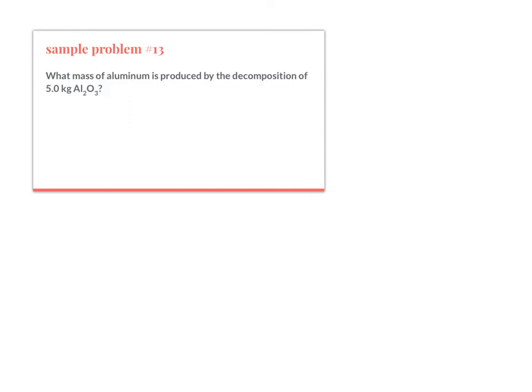It says, what mass of aluminum is produced from the decomposition of 5 kilograms of aluminum oxide? Okay, so we have to write the equation. And it says the decomposition. So then we know we start off with Al2O3. And it decomposes into its constituents. So Al plus oxygen, but again, oxygen can't be by itself, so it's O2.